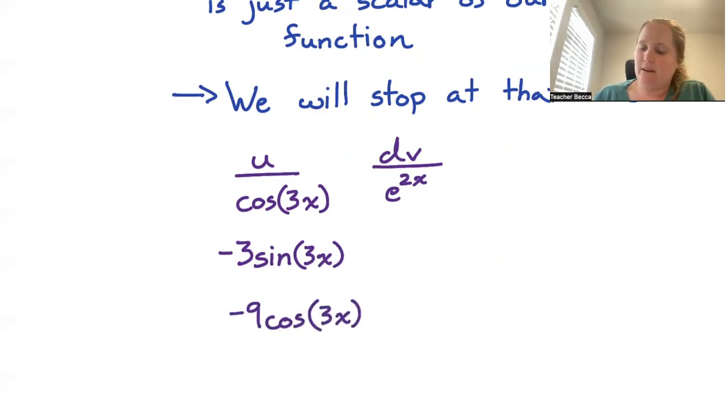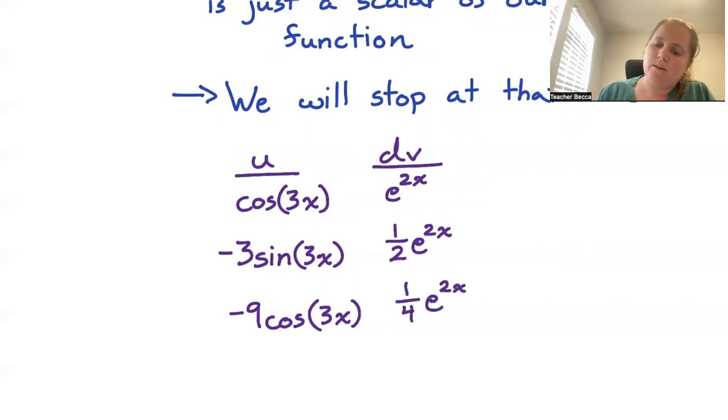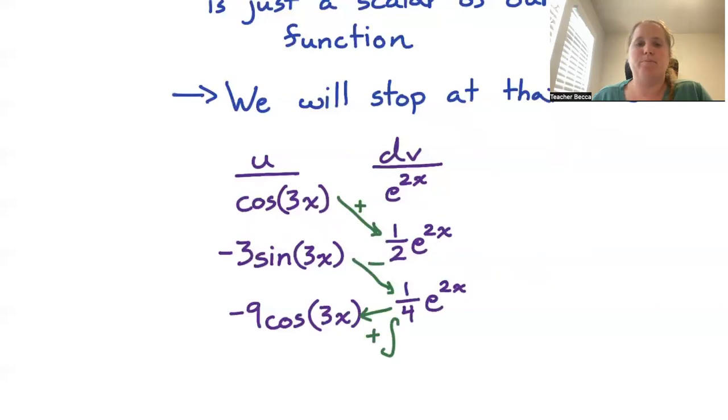Going down the right, again, we had a 1/2 e to the 2x, followed by a 1/4 e to the 2x. We add the first diagonal, we subtract the second diagonal, and then we are going to add, keeping that opposite sign trend, the integral of the bottom row.